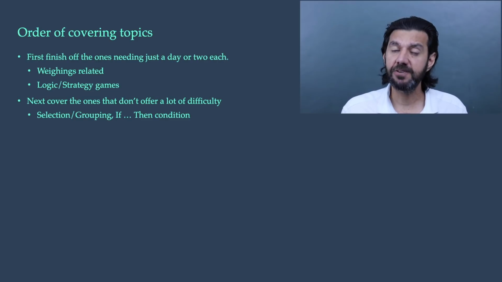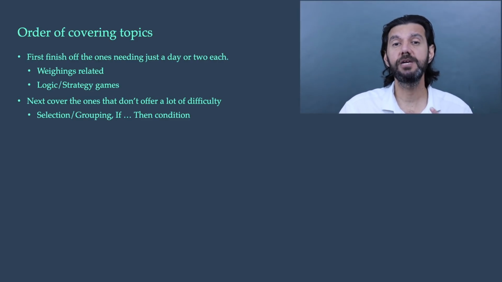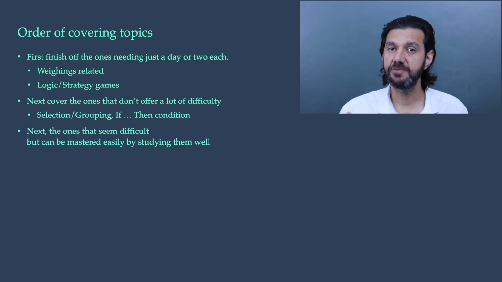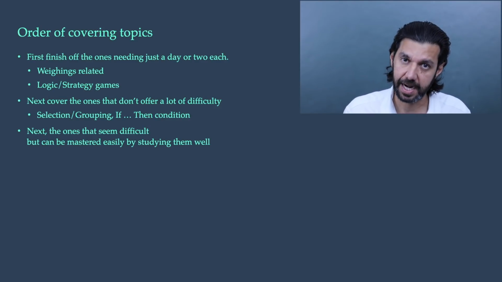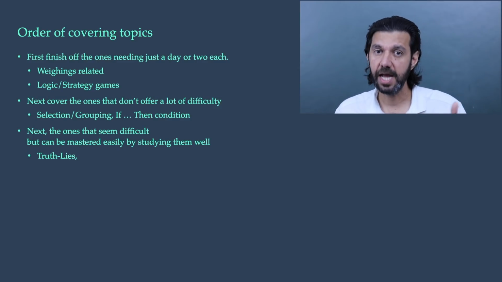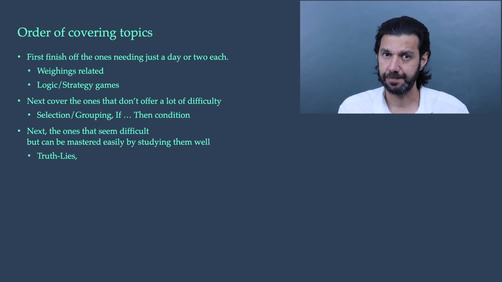After this, I'm going to look at sets which seem to be very difficult but can be mastered very easily. Two big varieties over there are truth tellers and liars. To a beginner, those sets might be scary, but once you have done enough work, you'll realize that the approach to all those sets is pretty well defined.